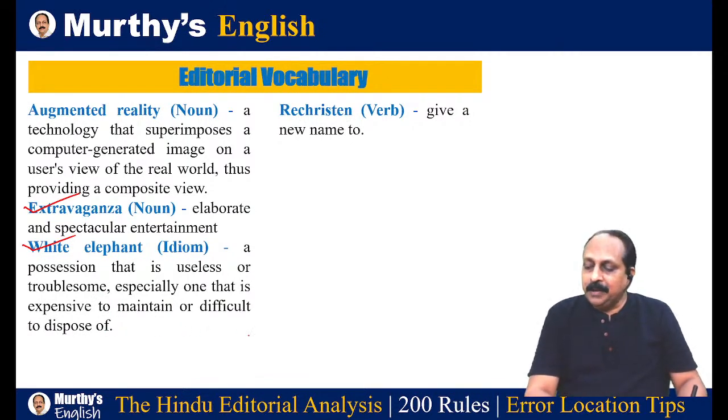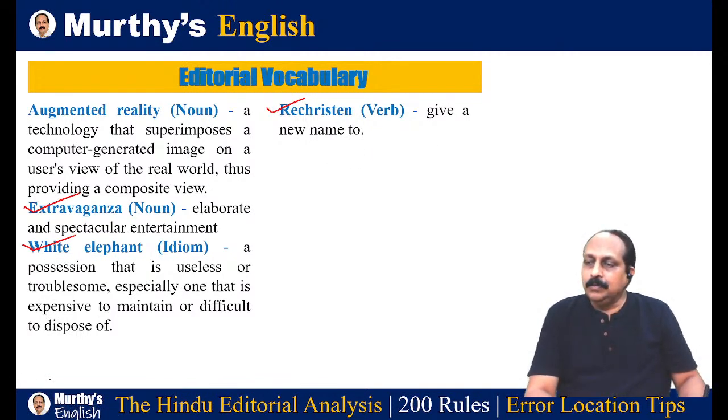You have something very expensive, it is of no use, at the same time very difficult to maintain. Then we use the expression, something has become a white elephant. Rechristen, part of speech verb, give a new name to something. A few words, simple words.